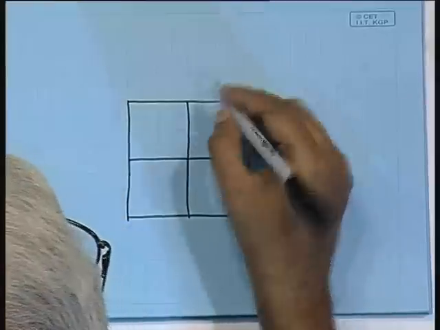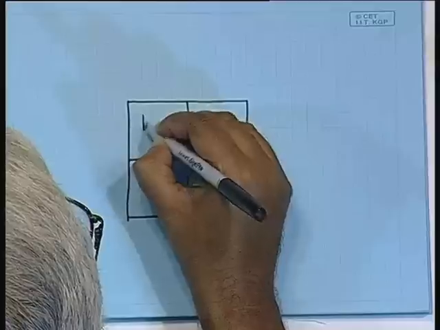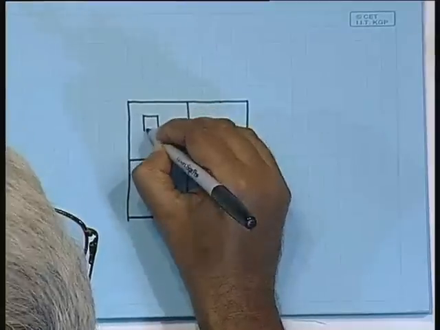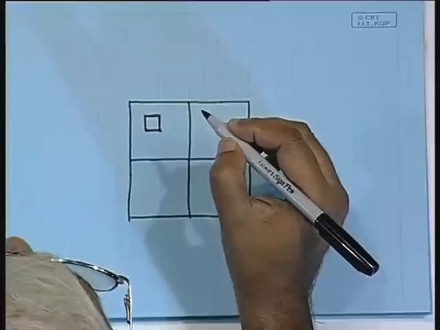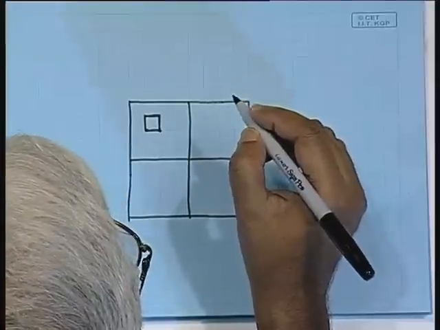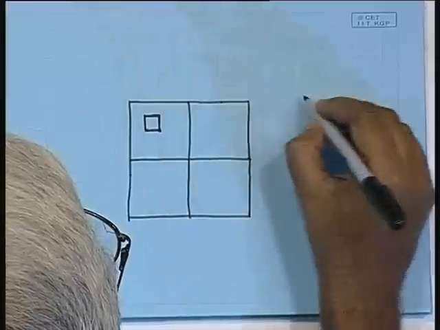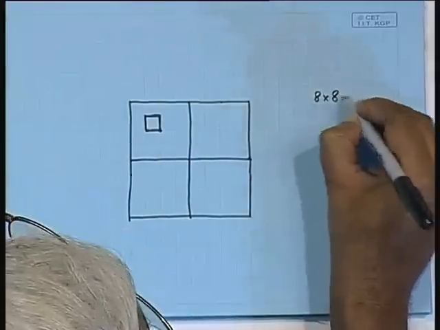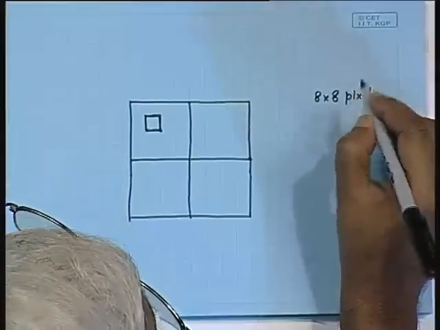Now, let us say that I pick up any square within this, say this one, and it is a pixel. Which means the original size of the image was how many? 8 by 8 pixels. So 8 by 8 pixels was the original array.